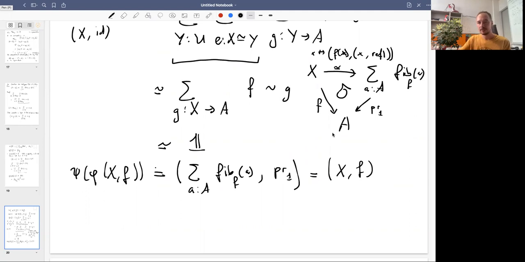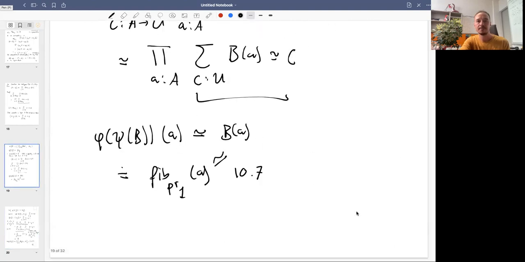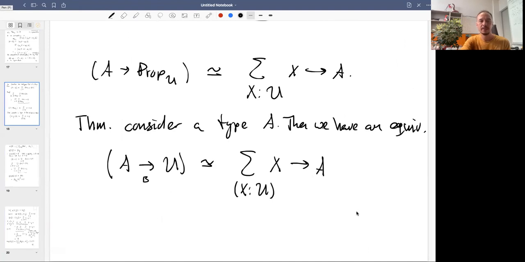So this completes now the proof of the theorem. And let's just recall what the theorem says. It says that type families over A are equivalently described by maps into A. And of course, also a map into A is an embedding if and only if its fibers are propositions.